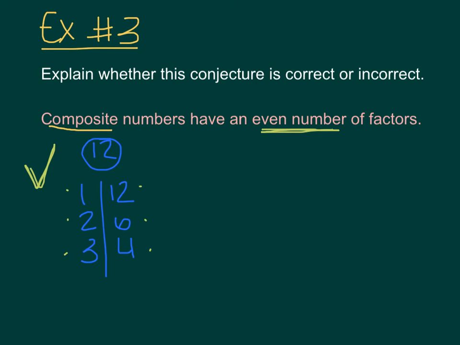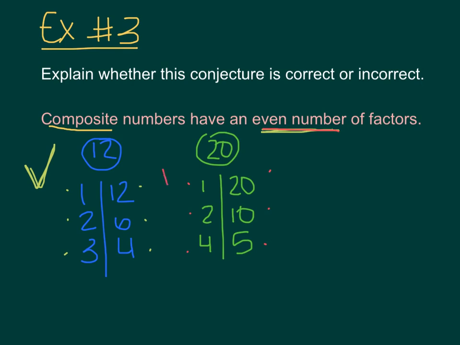And let's try another one. Let's try 20. So we have 1 and 20, 2 and 10, and 4 and 5. And again, that has 6 factors. 6 is an even number. And we're going to do one more. Let's do the number 4. 4 has 1 and 4, and 2 and 2.